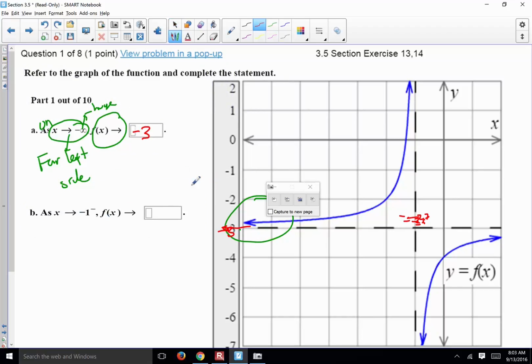Any ideas what this means? What is the meaning of this? X values getting really close to, what the heck does this minus sign on the top mean? I have -1 here, with a minus in the top corner. Have you ever seen something like this?